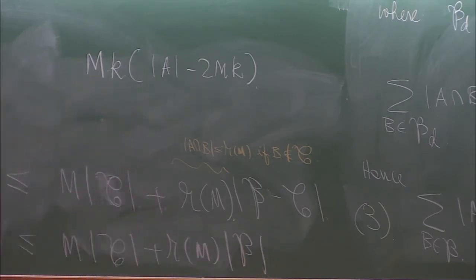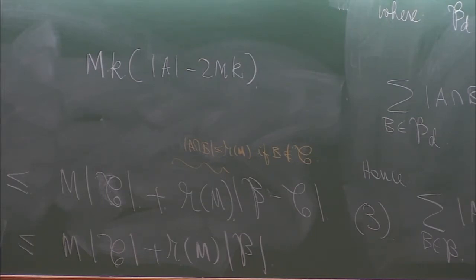And what is the cardinality of beta? Beta is the set of all M term arithmetic progressions in 1 to n with common difference up to k. Okay, so if you fix a common difference, say d, then you only have to determine the position of the first term to know the arithmetic progression. And in the interval 1 to n, there are maximum n such positions. And then the common difference varies up to k.